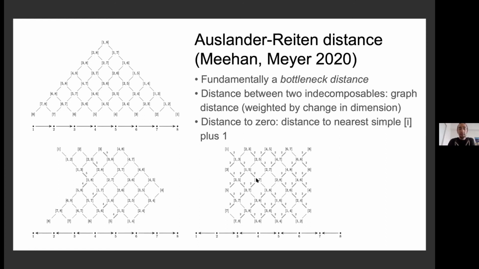And we're going to weight that distance by these edges here, where if you skip a lot along any edge, if you go from a very small module to a very large module, the difference in dimension of these modules is going to be factored in. Distance to 0 is going to be distance to the nearest simple plus 1. So you can only escape the Auslander-Reiten quiver through the smallest indecomposables.